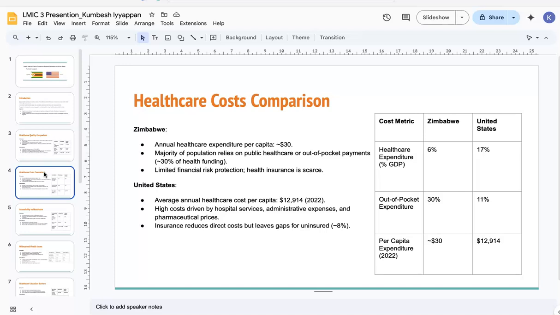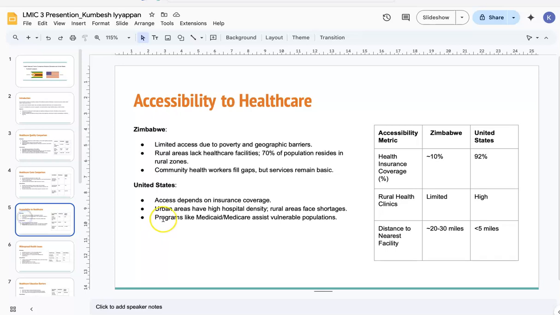Insurance is widely accessible in the US, and insurance does reduce cost, but it leaves gaps for the uninsured, which is around 8% of the population, which will be around 30 million people in the US. On the right side of the table, I mentioned a few cost metrics in Zimbabwe and the United States.